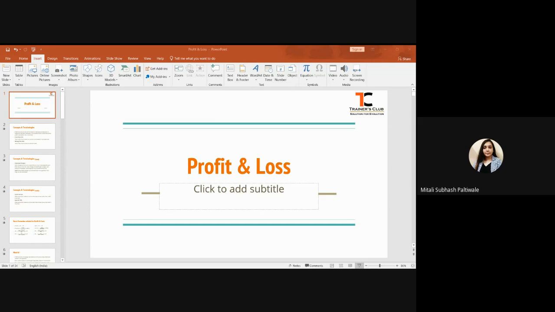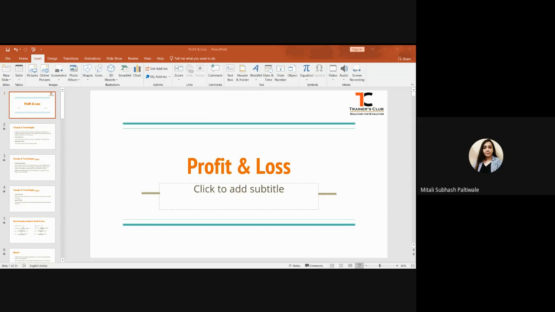Now, CP, that means the cost price as well. If the question is asking you to find the cost price, and that too in case of profit, then go for this formula: CP is equal to 100 by 100 plus profit percentage into SP.